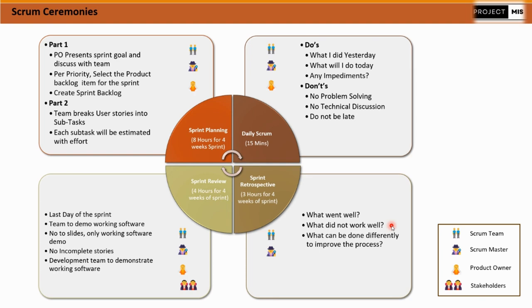And then what can be done differently, which is the solution-oriented approach. So first we discuss what is good, second we discuss what is not going well, and then whatever is not going well, we agree on some specific approach so that we can improve on that. That is what we have to discuss in a sprint retrospective.